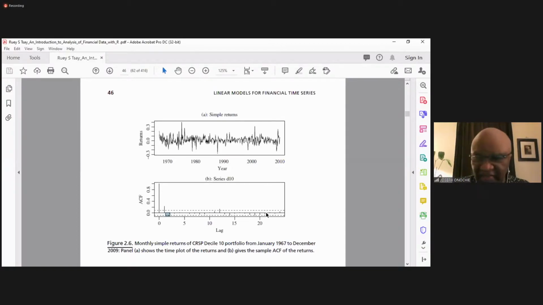We did this last week. At lag 0, that's the variance; we calculated the autocorrelation at lag 0. Then at lag 1, we calculated the autocorrelation. Then we calculated the autocorrelation at lag 2. And then we plot autocorrelation against the lags, right? We did it last week. Is that correct? Lily, bail me out here.